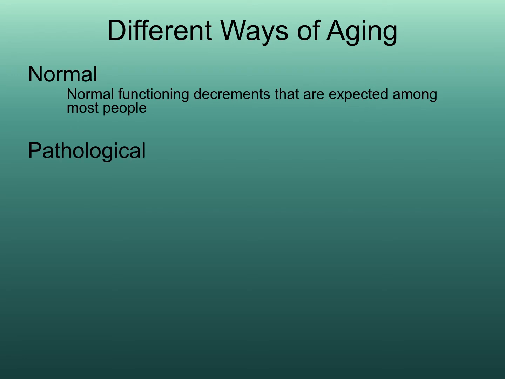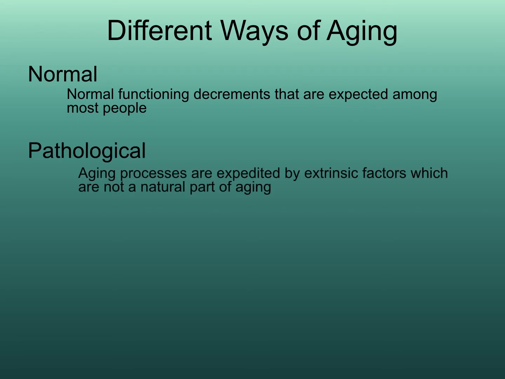But then there is pathological, and that is when aging processes are expedited by outside, extrinsic factors, which are not necessarily a part of the body's natural aging process. Things outside of ourselves that make us age faster could be diet, exercise, sleep, stress, environmental factors, things like did you wear sunscreen. All of these different aspects outside of ourselves might impact how quickly we age.